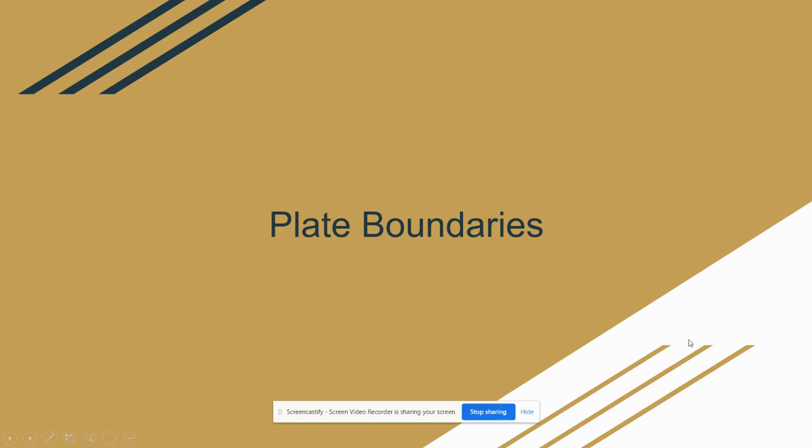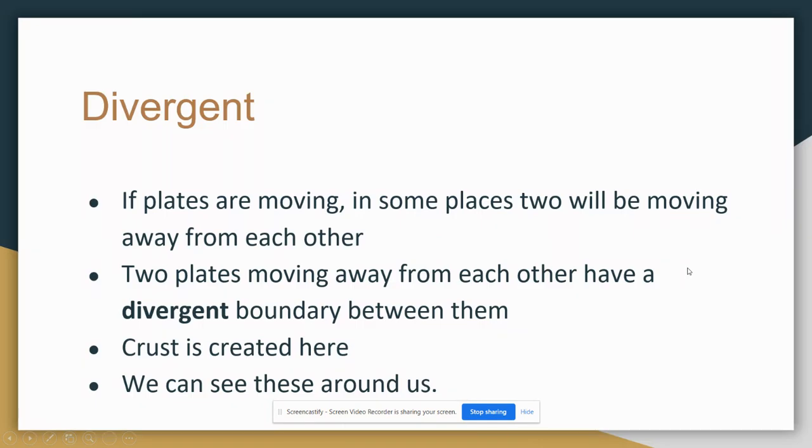All right, well, as they get pushed and pulled, there are different boundaries that plates will have relative to each other. So if I have two plates moving away from each other, that's what's called a divergent boundary. Divergent just means moving away from.